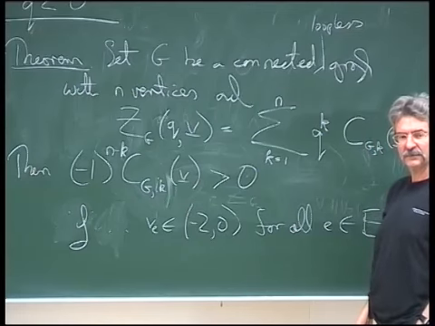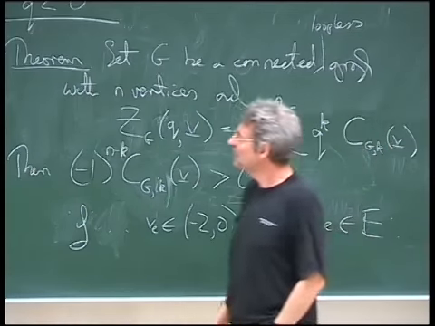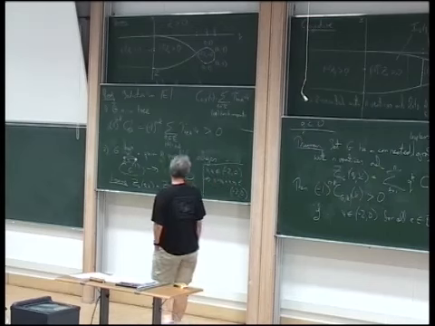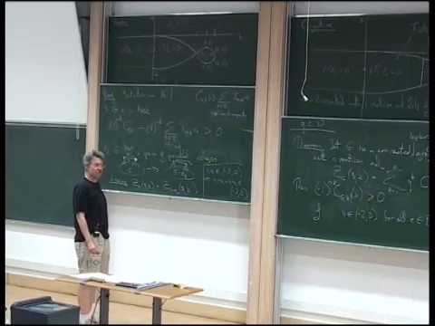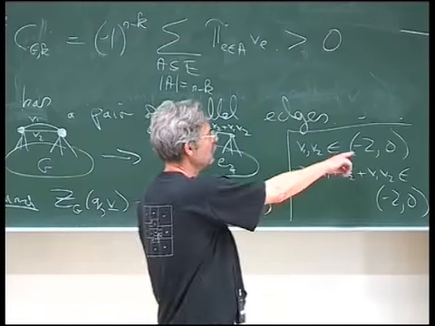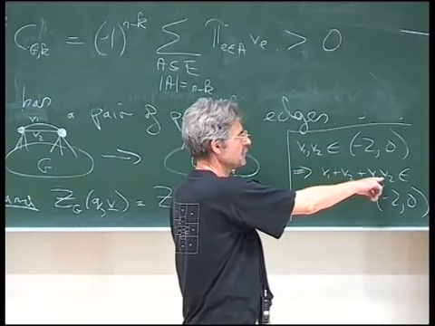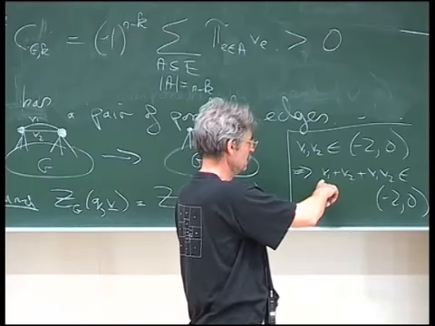Can v be -2? Sorry, v1, v2? It cannot be -2, right? Could v1 and v2 be equal to minus 2? I think if it was, then this would be 0.